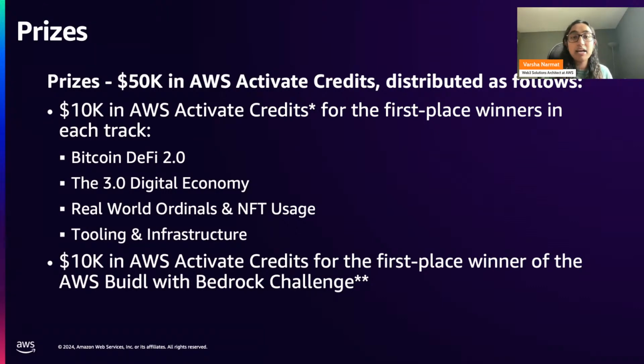We have 4 tracks: the Bitcoin 3.0 digital economy, real world ordinals or NFT usage, and tooling and infrastructure. For the best solution that fits in each one of these categories, you will receive 10K in AWS Activate credits. And then whoever has the best solution for the challenge will also get 10K worth of AWS Activate credits.